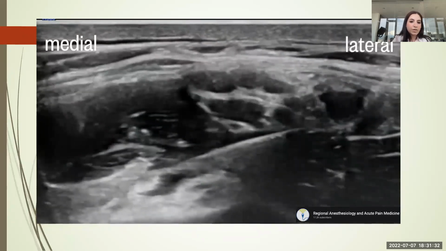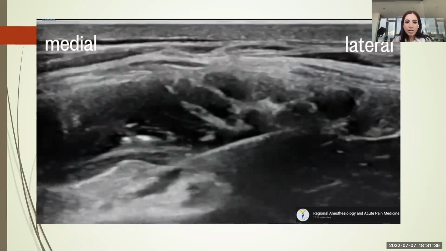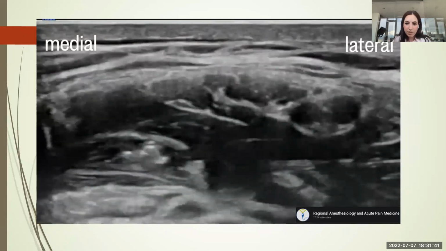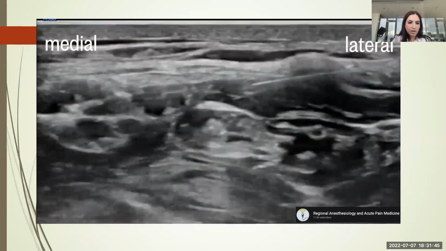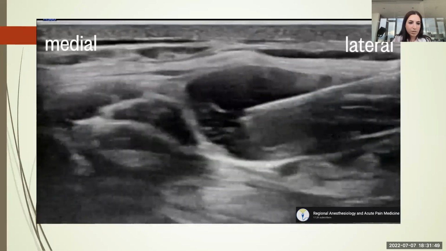In this particular video, they take a more conservative approach, and instead of depositing local anesthetic between the trunks, they deposit the remainder of the local anesthetic above the brachial plexus, bathing the entire thing in local anesthetic as one, as you can see there.